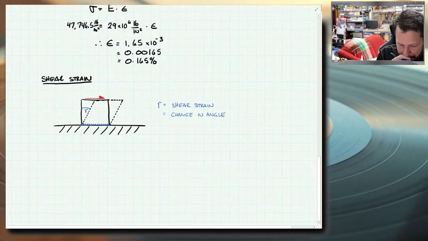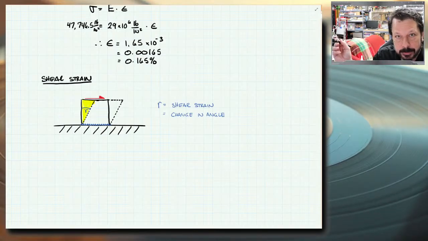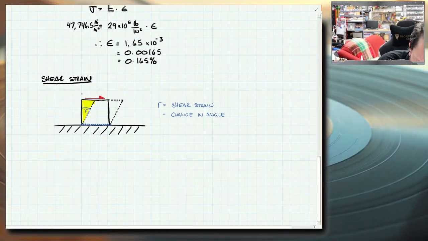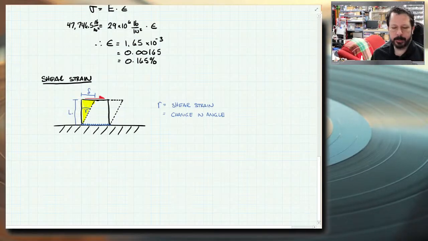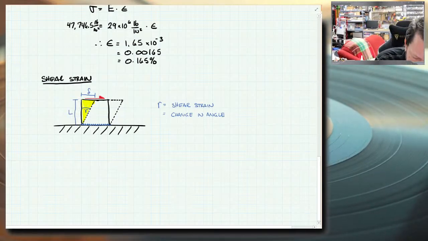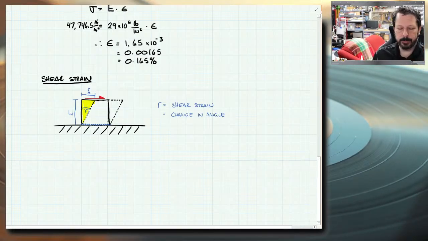So here, you just create a little triangle right here, and it has a hypotenuse. Well, we don't need the hypotenuse. It has a height and an amount of skew. So it has how far you moved that corner over, and how high it was to begin with. We'll call that L, or L naught, just so we have an original length.